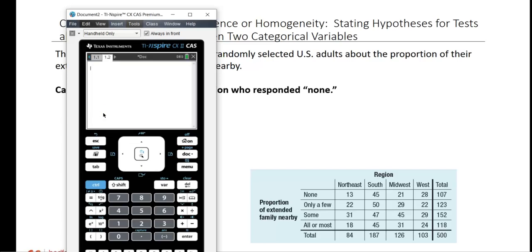None in the Northeast would be 13 divided by 84. None in the South would be 45 divided by, sorry, 187. That's the total for that one. In the Midwest, it'd be 21 divided by 126, and so forth.